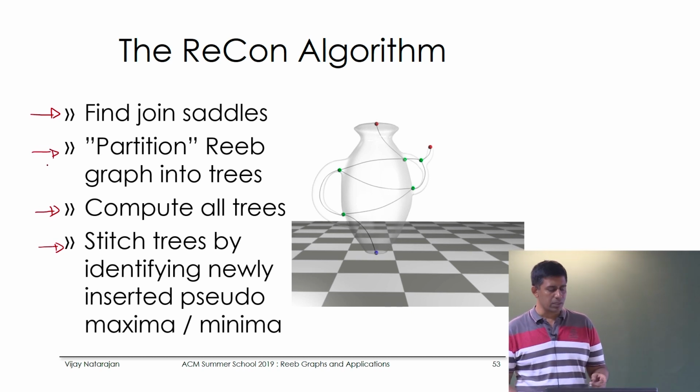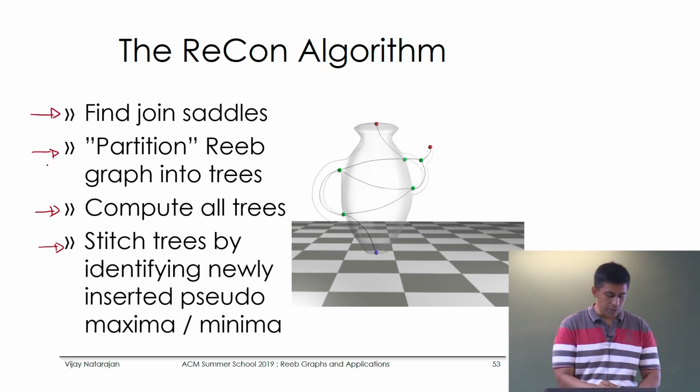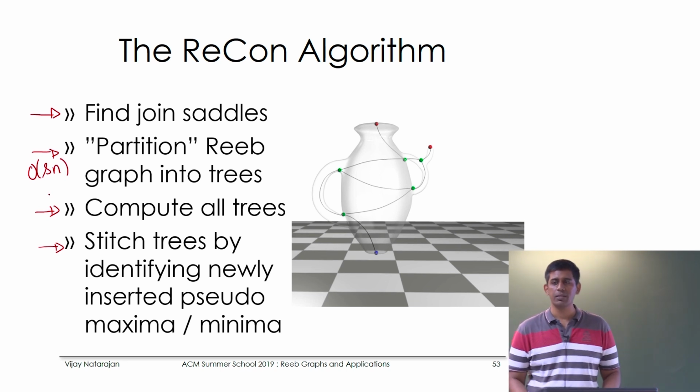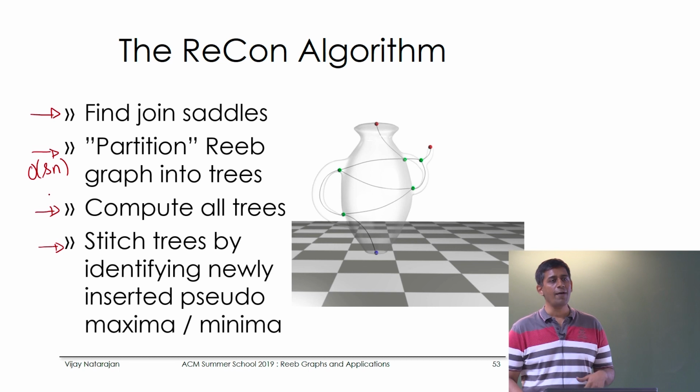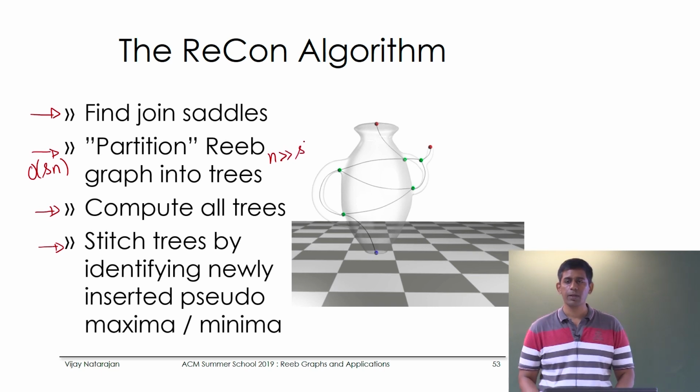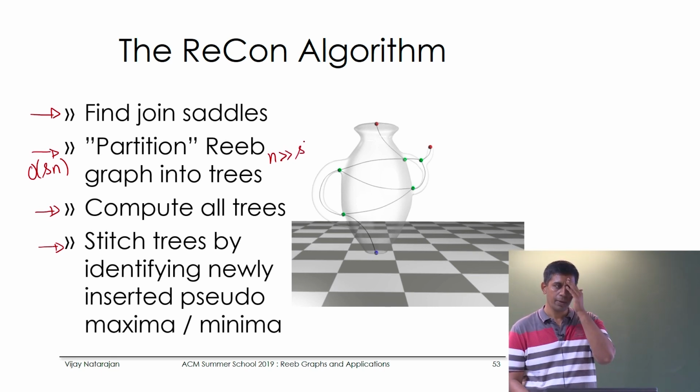It turns out that this doesn't take too much time, it takes time which is dependent on the number of saddles times the number of vertices. So if you have too many saddles, then this is very slow, but in practice you hardly have too many saddles. The number of nodes is often greater than number of saddles. So this works quite well.